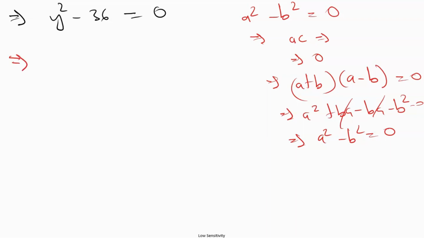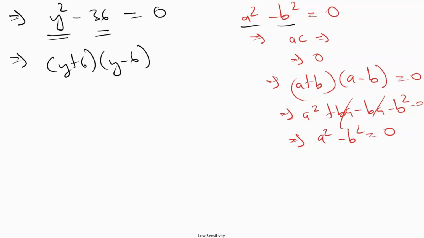In this case, just like where a squared and b squared are perfect squares, y squared is a perfect square, and 36 is the perfect square of 6. So we can rewrite this as y plus 6, y minus 6 equals 0.